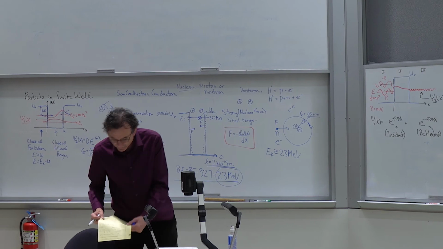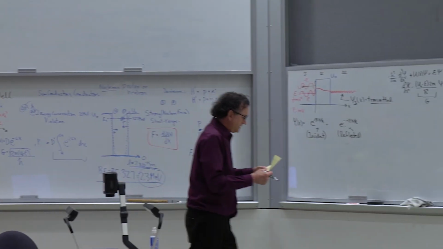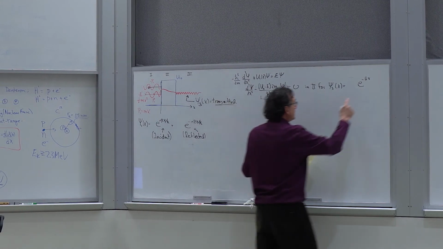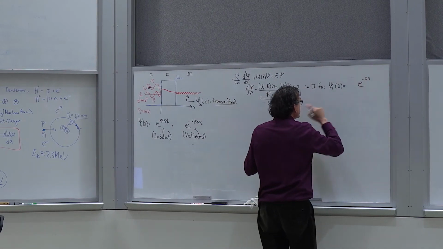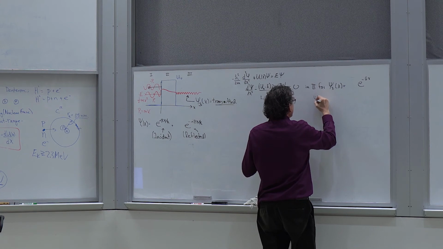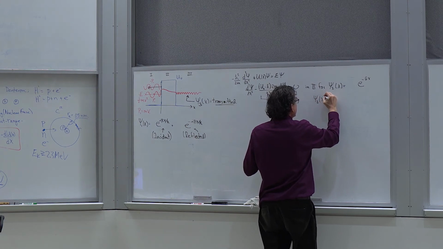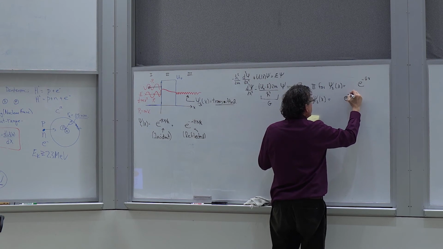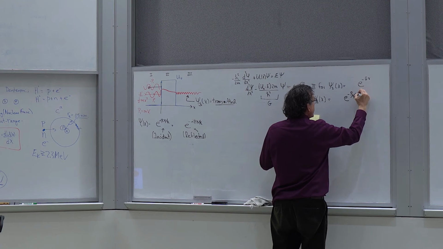Okay, so we're going to make this nomenclature a little bit different, but it's going to reflect the same sort of things as we had before. Now I'm going to write that psi 2 of x in this region is e to the minus p2 over h bar times x.